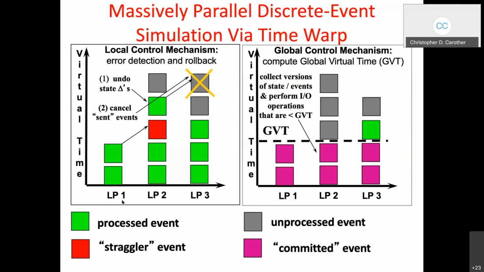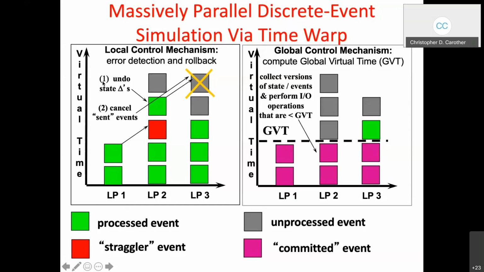To deal with that, we have this local control mechanism and global control mechanism. The local control mechanism does error detection and rollback. For example, LP1 is sending an event in the past of LP2. So what has to happen? We've got to clean that up. It has arrived in the past, and because LP2 has progressed in virtual time beyond that point, we need to roll that event back.